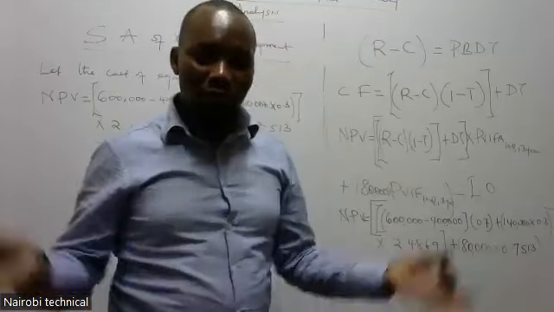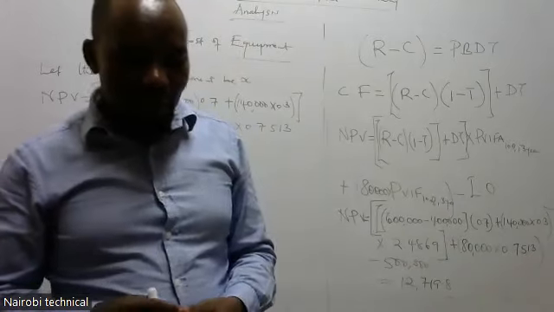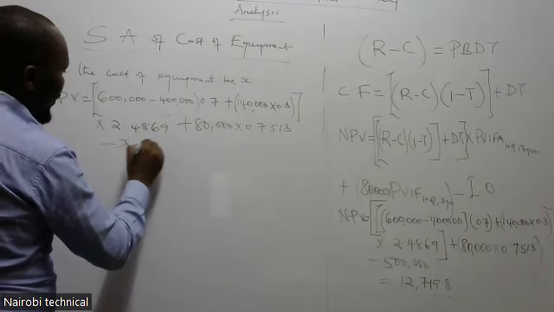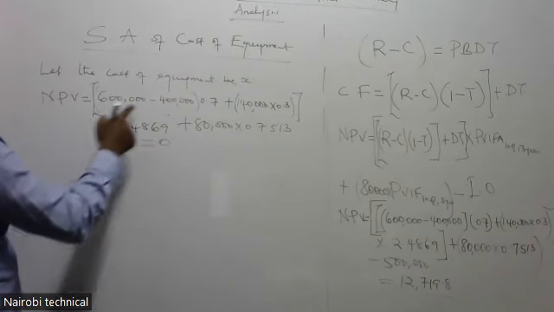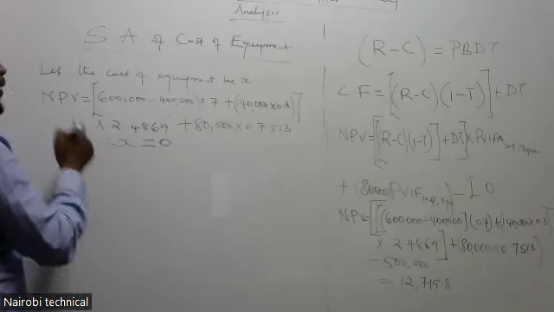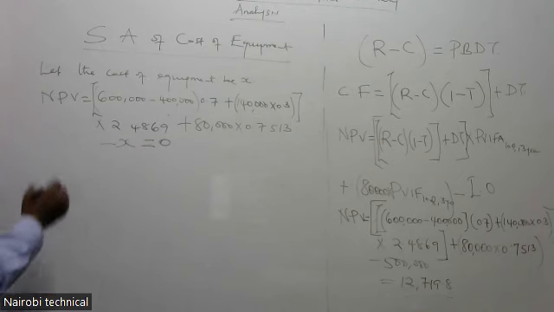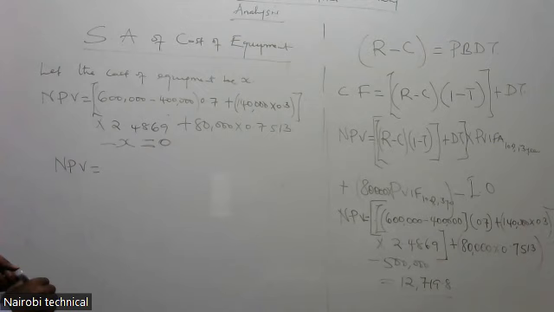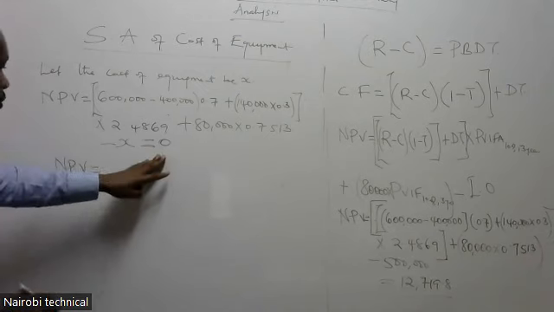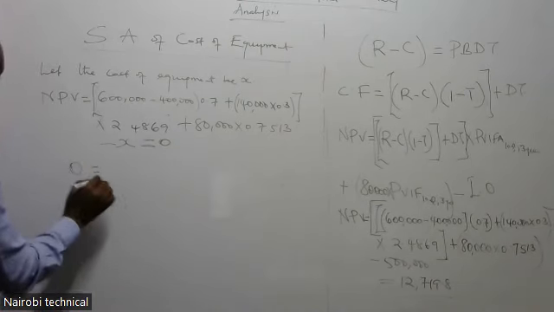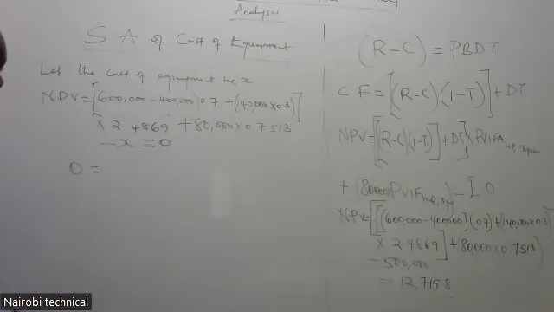The cost is equal to revenue. So at that moment, all these will be equal to 0, because NPV is equal to all that story, and all that story is equal to 0. So basically, NPV and 0 are the same. If the NPV is equal to 0, then we can now say that 0 is equal to all that story, right?